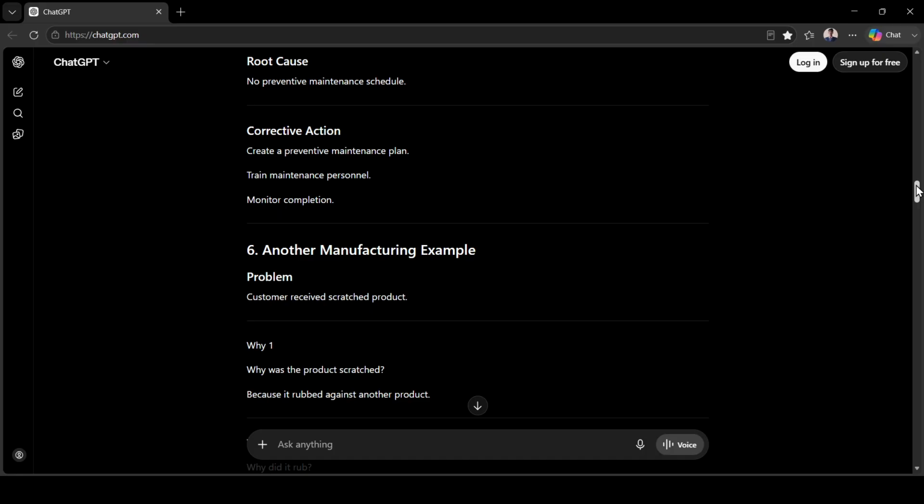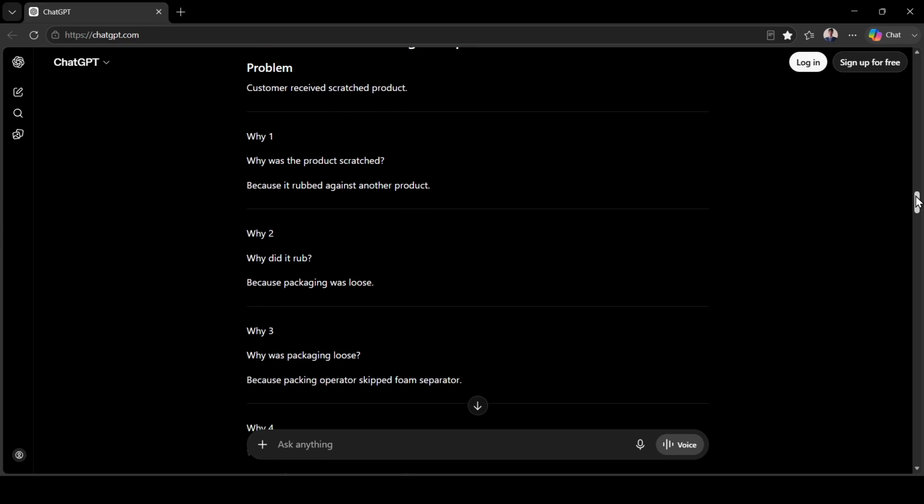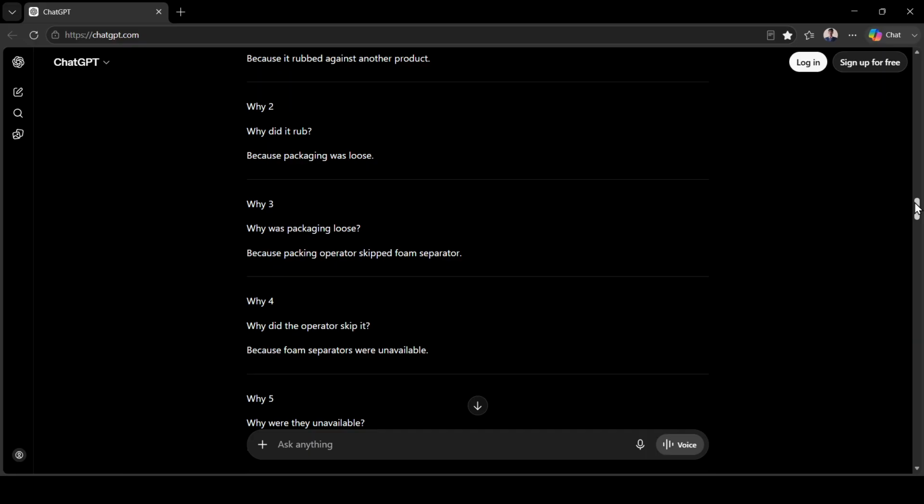Another manufacturing example. Problem: customer received scratched product. First why? Why was the product scratched? Because it rubbed against another product. Second why? Why did it rub? Because packing was loose. Step 3. Why was the packing loose?